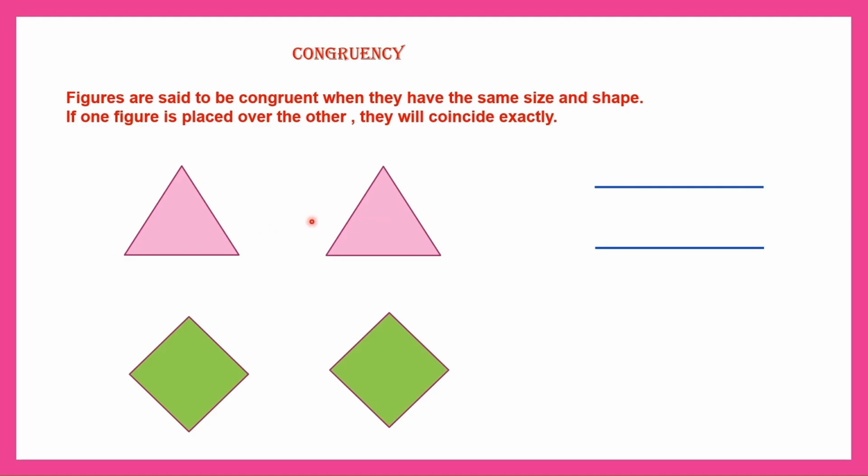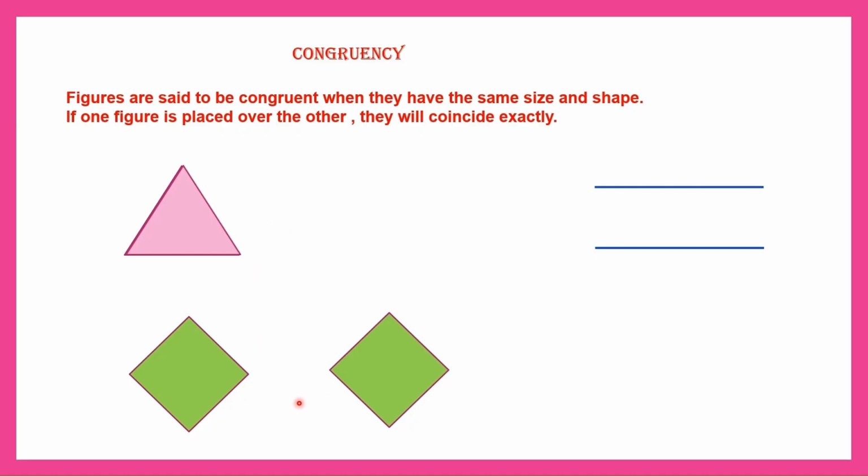Now look at these two shapes, triangles. They are exactly the same size and the same shape. Now if I place this one on top of this triangle, will they coincide exactly? Let's see. Okay, as you can see, they have coincided exactly. That means those two triangles are congruent shapes or congruent triangles.